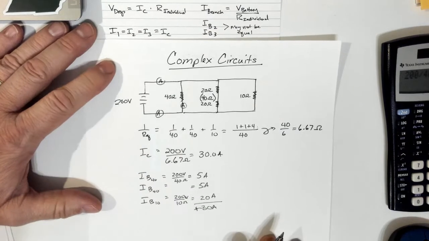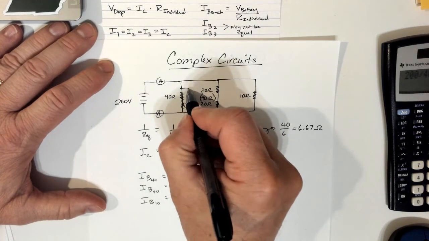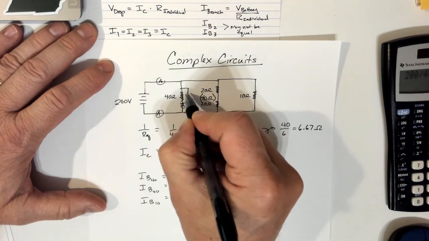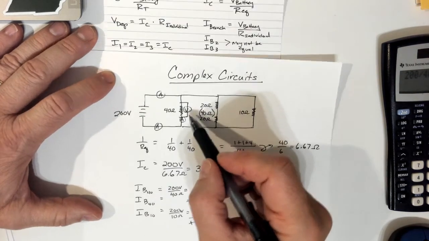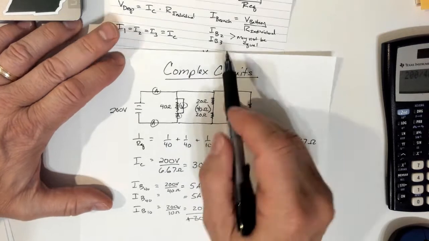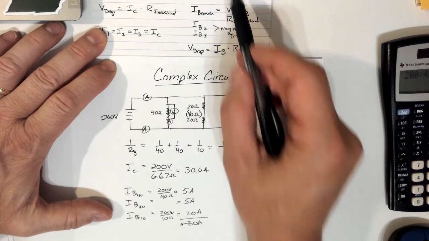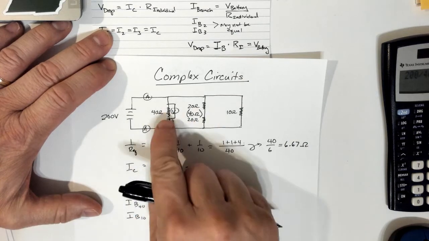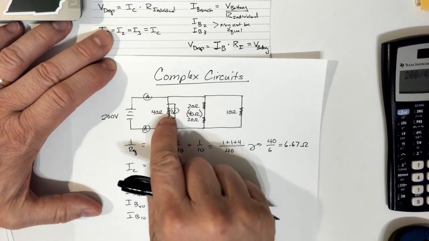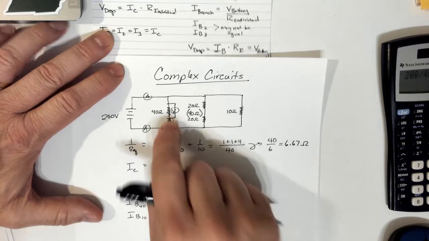But what happens if I ask you, well, hey, if we put a voltmeter in here, what would be the V drop? Well, remember, we taught you one thing. The V drop for every parallel is equal to the battery. So it would just basically be 200 if there's only one resistor. Watch.